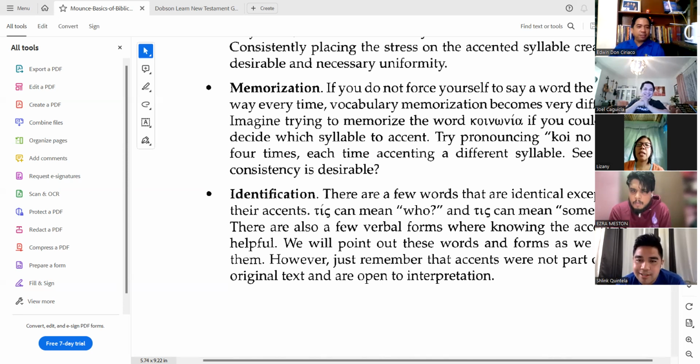And remember, maybe you'll be asking, why are we doing this exercise? Because Greek is not only memorizing words, but also you get to have a better feel of the Greek when you're reading it.